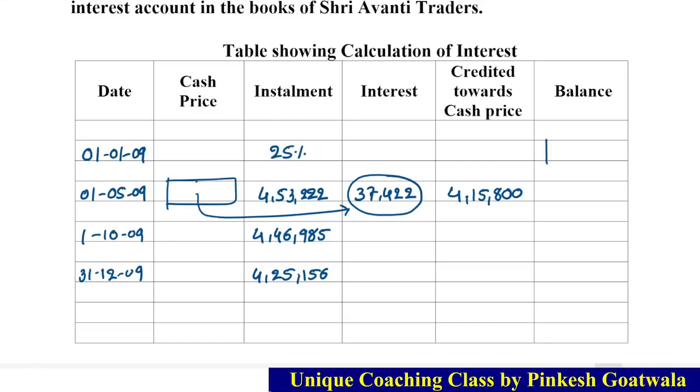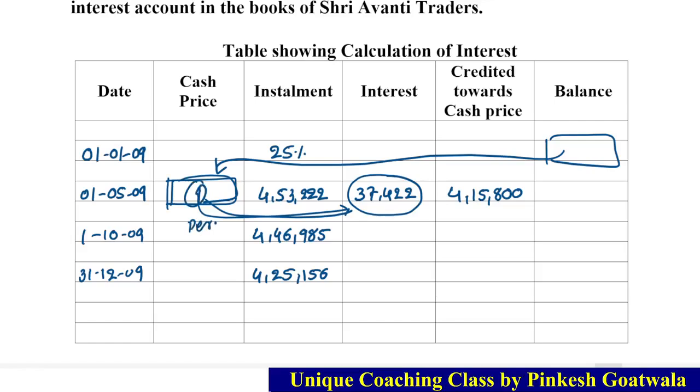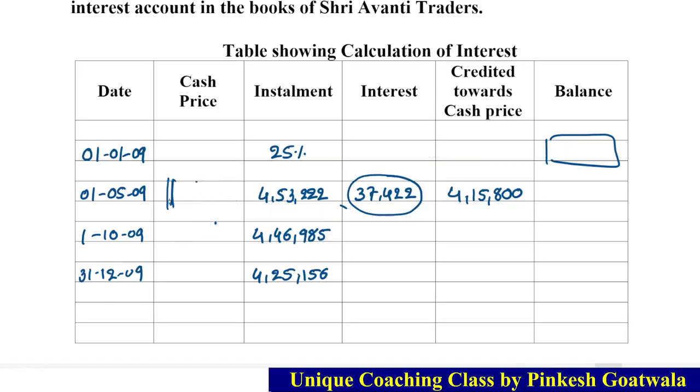This balance comes from this side and is transferred here, and on it some particular percentage applied, so this interest was calculated. Now here we don't have this amount, and we don't have the percentage. So we can't find that out. So now there is no clue. If a question gives this balance or the rate of interest, then we complete the calculation. But that's not possible here.